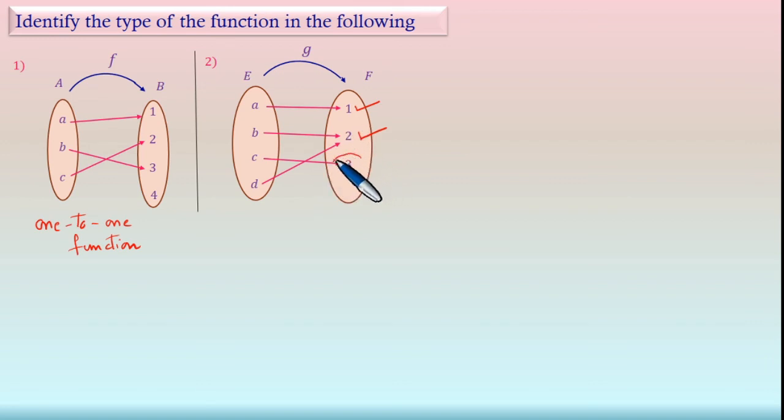But all the elements of the codomain have at least one preimage, therefore it is an onto function.